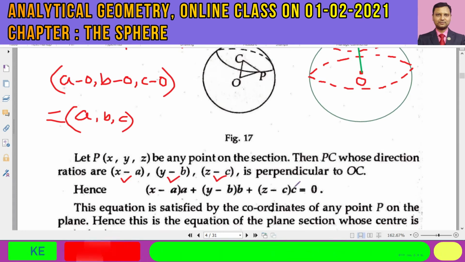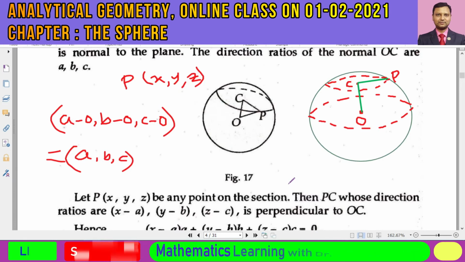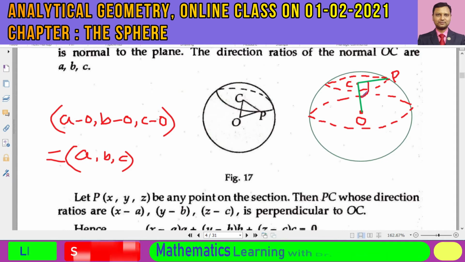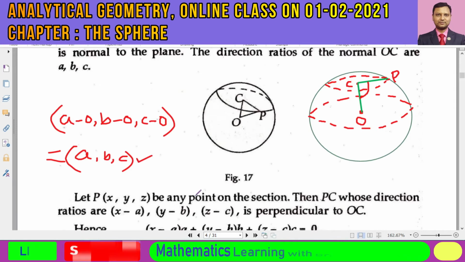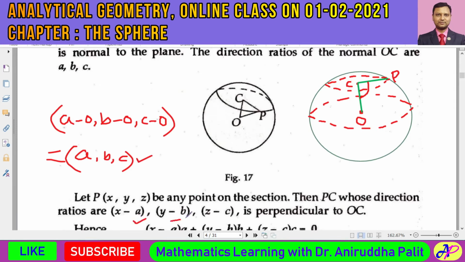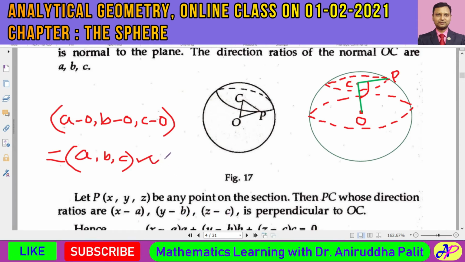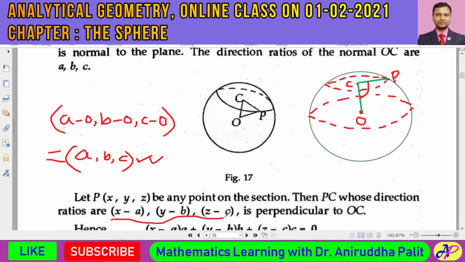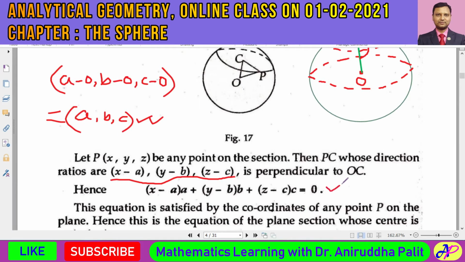And as this angle is a 90-degree angle, the dot product of the direction ratios of OC and the direction ratios of the straight line PC must be equal to 0.